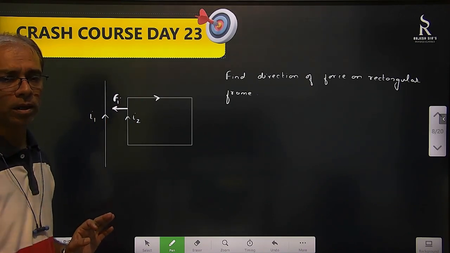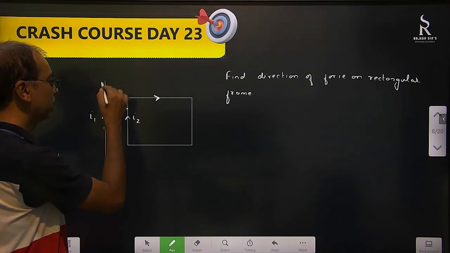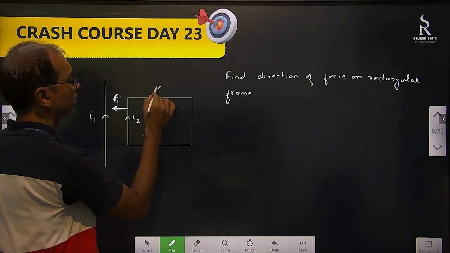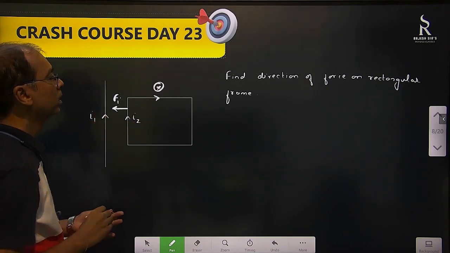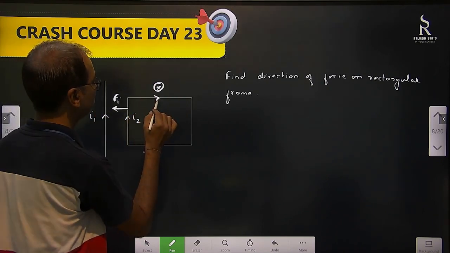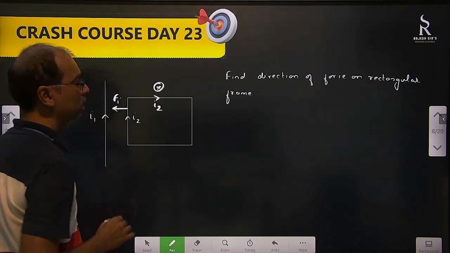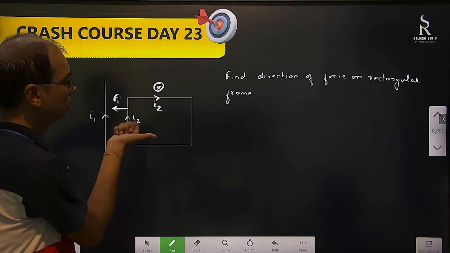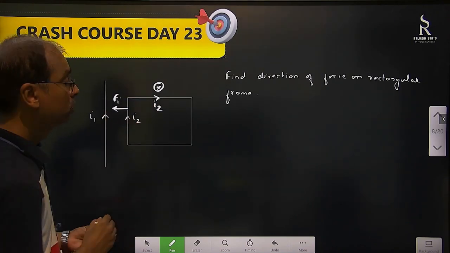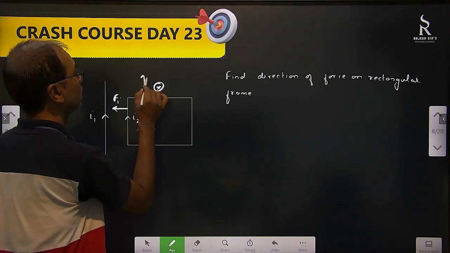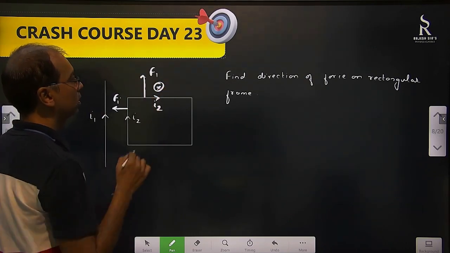Definitely force is there, because this wire is producing a magnetic field inward like this. This is the magnetic field, inward. Current is like this here, I2. Will there be force on this one? Obviously. This is I2, this is the magnetic field, so the force is upwards. So on this one, definitely force is there. Let's say F1 dash.